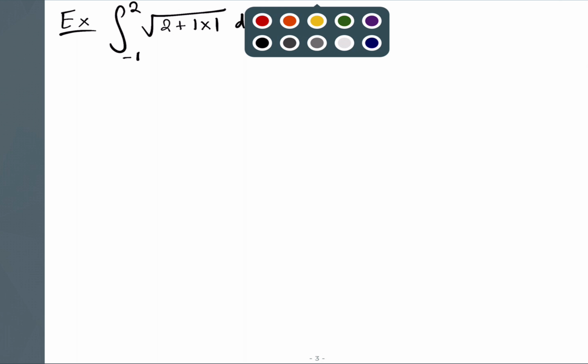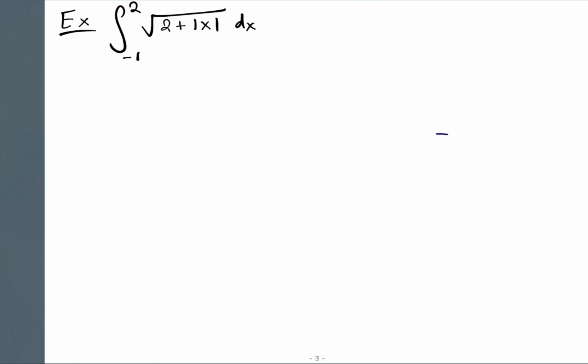So let's see. The first thing is, remember, anytime we have an absolute value, we rewrite it as a piecewise function, right? So here, absolute value of x is either x when x is greater than 0 or minus x when x is less than 0, right? So that tells us where we're going to split up the integral.